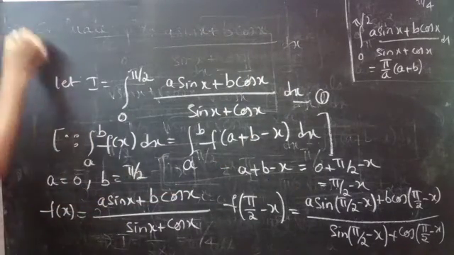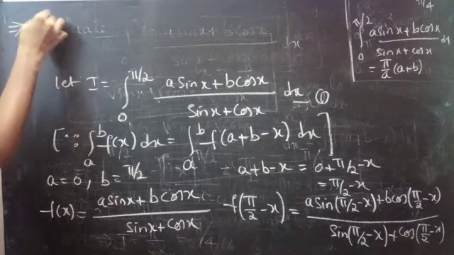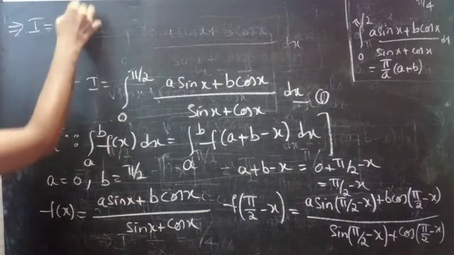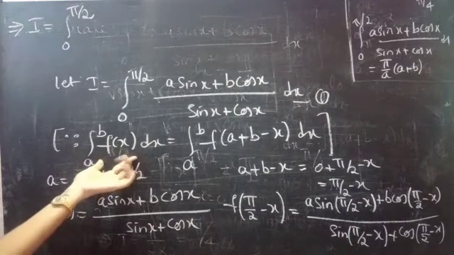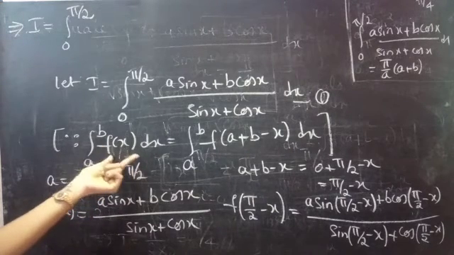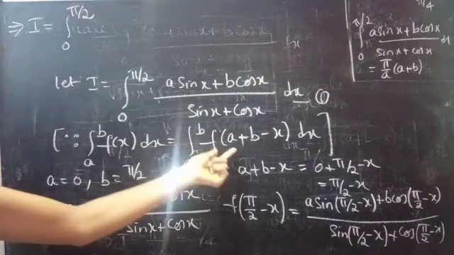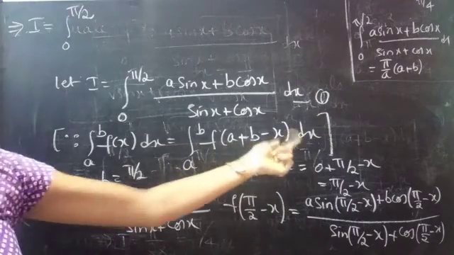So this implies I equals integral 0 to pi by 2. Integral a to b f of x dx equals integral a to b f of a plus b minus x dx.